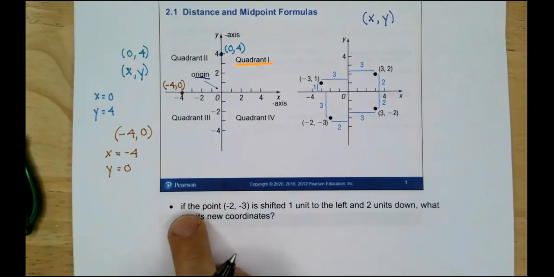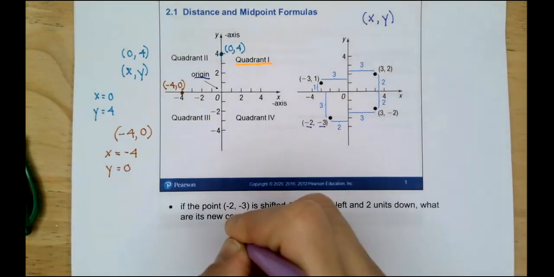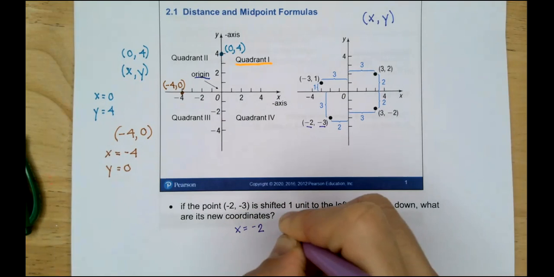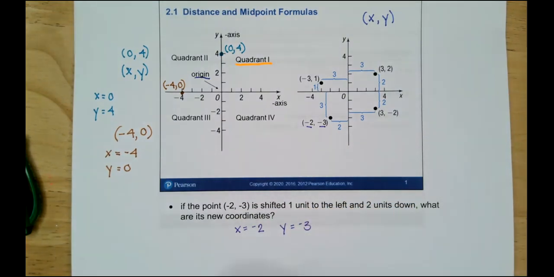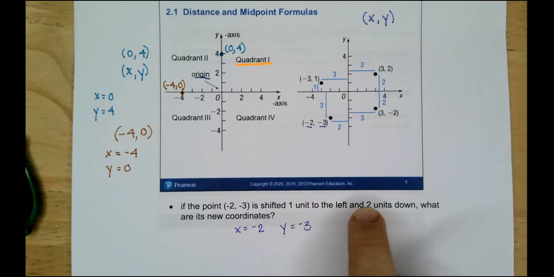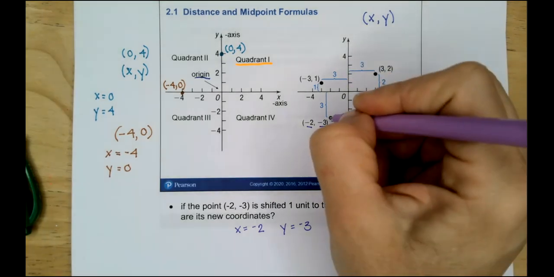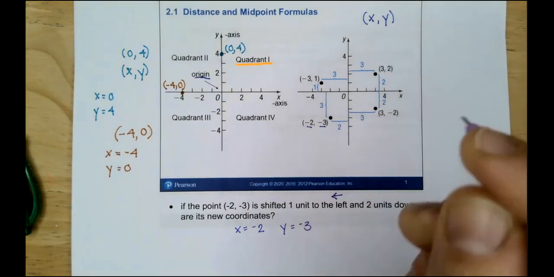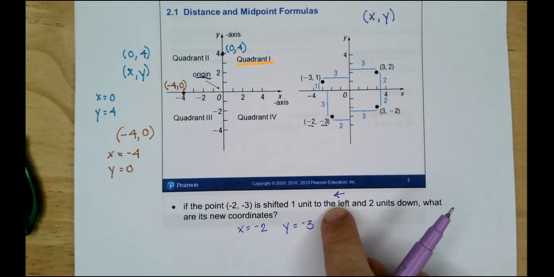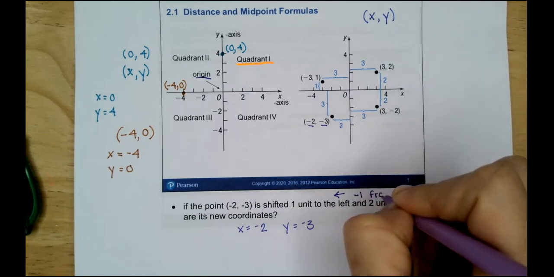Another question you will see in my math lab is, if the point -2, -3, so that's this point right here, x is -2, y is -3, if we shift that 1 unit to the left and 2 units down, x is to the left, so we're going to subtract 1 from x.